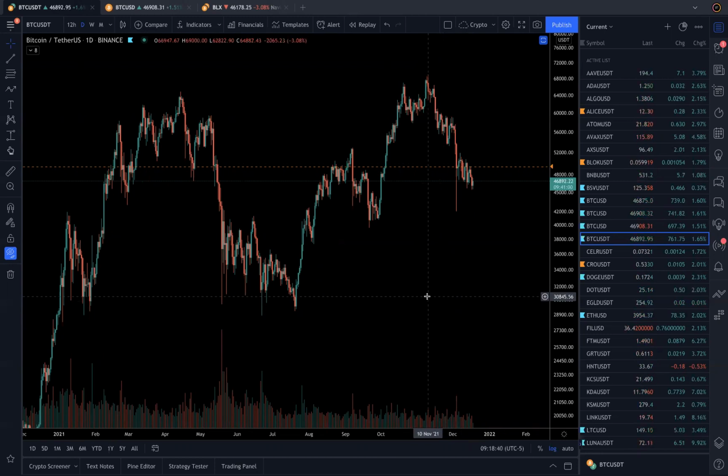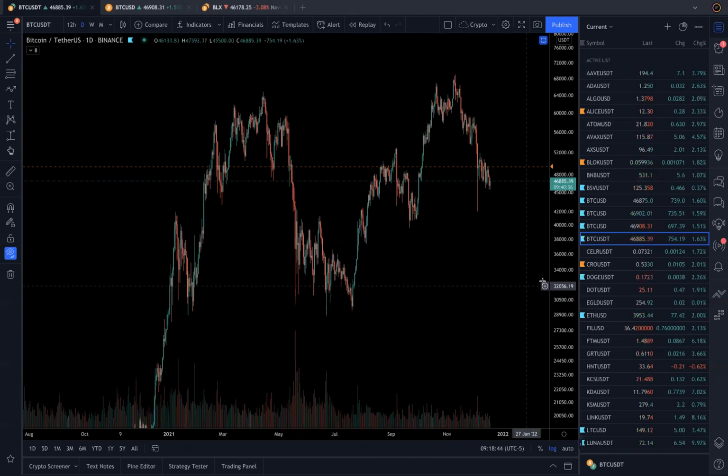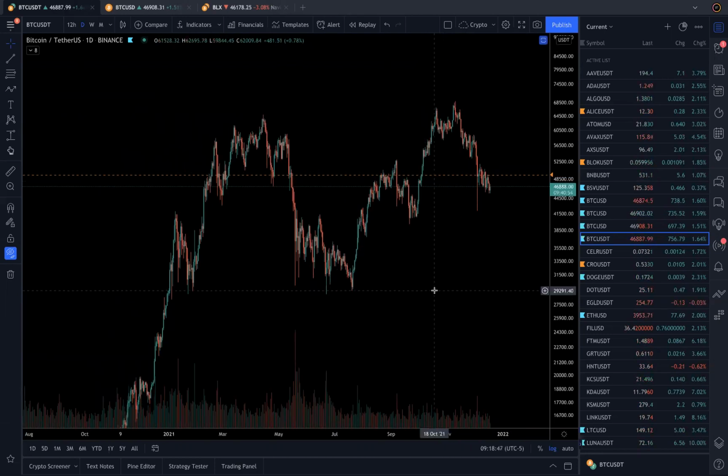Some coins from the previous bull run have not even reached their all-time high. Many coins have not even reached their 2017 levels. Some coins, for example Litecoin, just touched it, but so many coins have not touched that level.